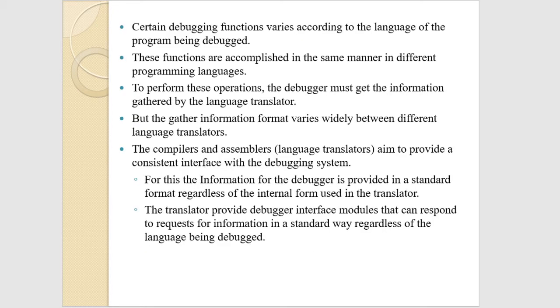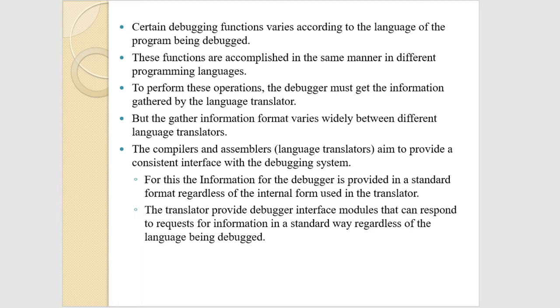Certain debugging functions vary according to the language of the program being debugged. These functions are accomplished in the same manner in different programming languages. To perform this operation, the debugger must get the information gathered by the language translator.